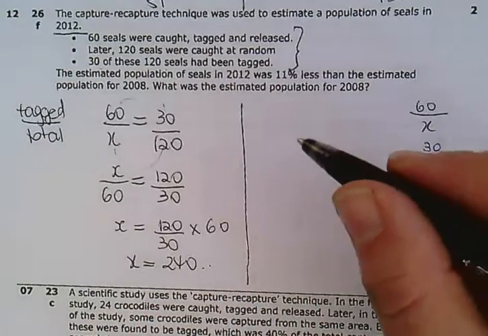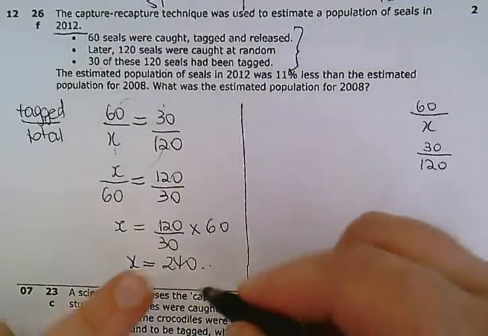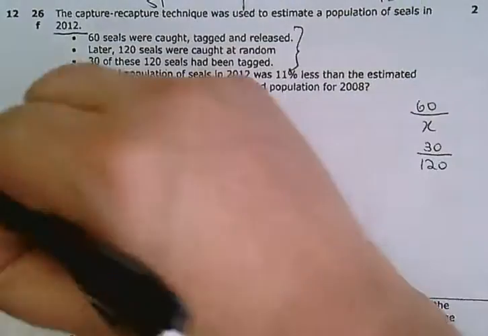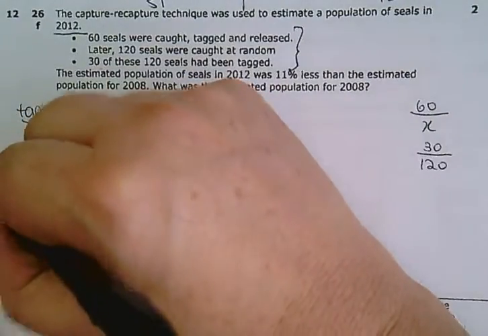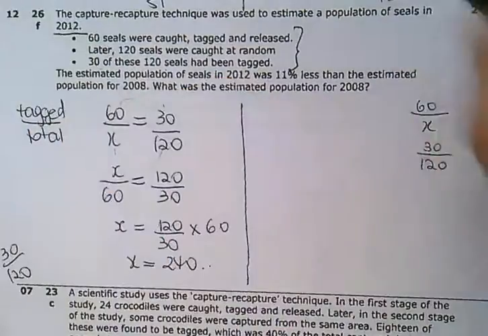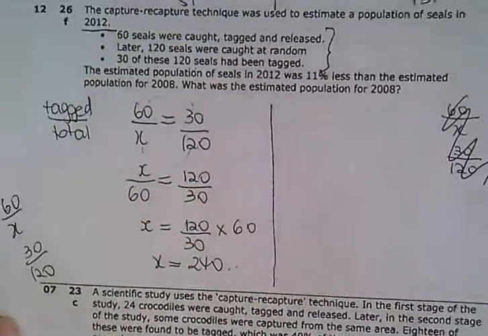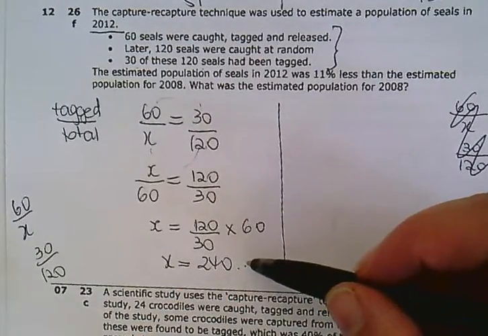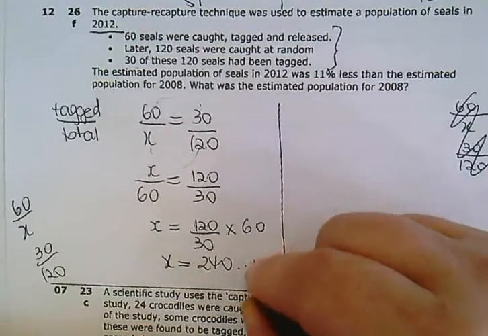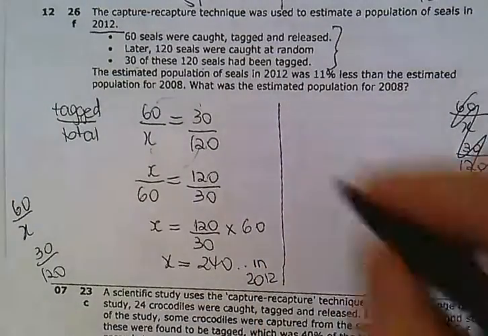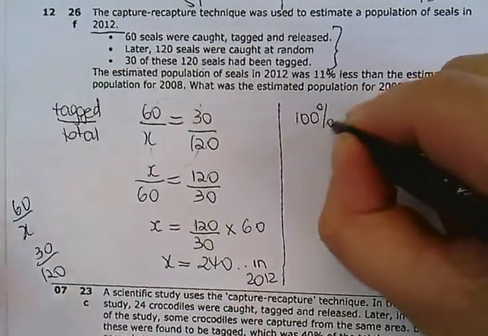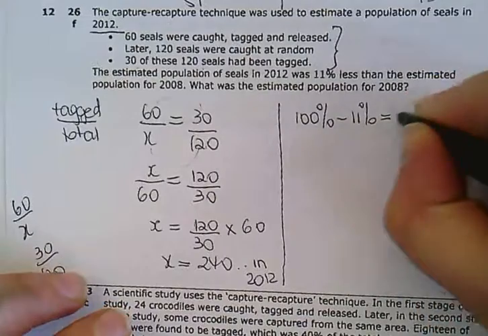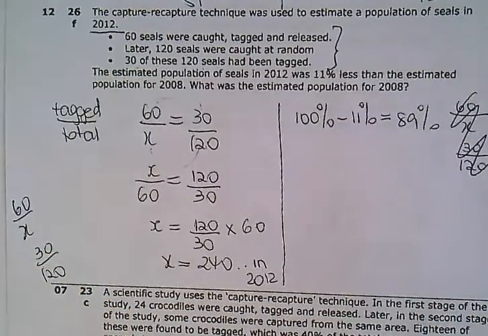Now, if you decrease by 11%, we have to use the unitary method here. So I'm just going to put this here and get rid of this over here. Right. Now, this is 11% less than what it was. So this is in 2012. Now, if you decrease by 11%, what percentage do you have? 89%.